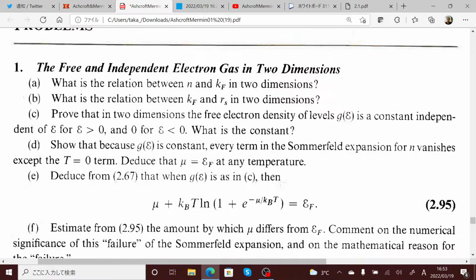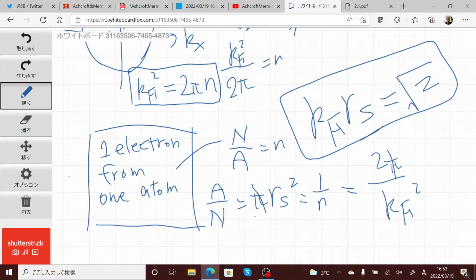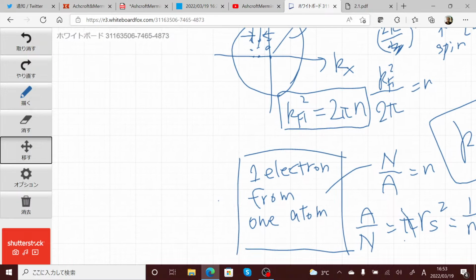Part c. Prove that in two dimensions the free electron density of levels g of epsilon is constant, independent of epsilon. Okay, so this is okay. I have this one. We just use this one.